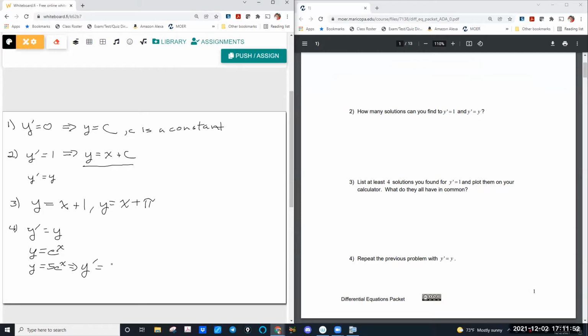If it was additive, it wouldn't be true. And so we get the general solution, y equals c e to the x. Like I said, we're going to come back to this one and look at how to solve it analytically later, but I just wanted to reason through it with what's actually being asked.